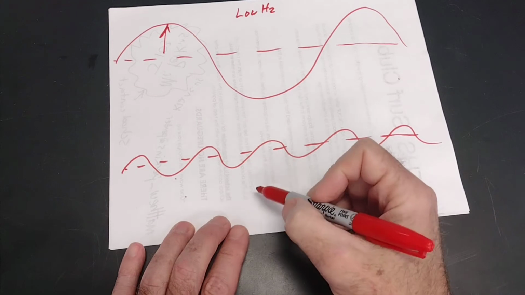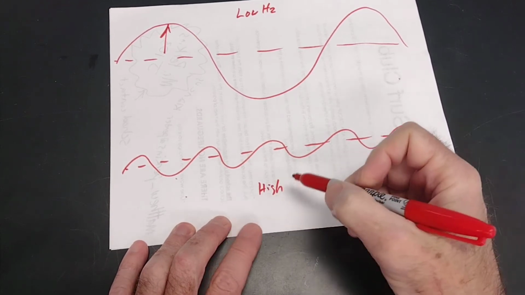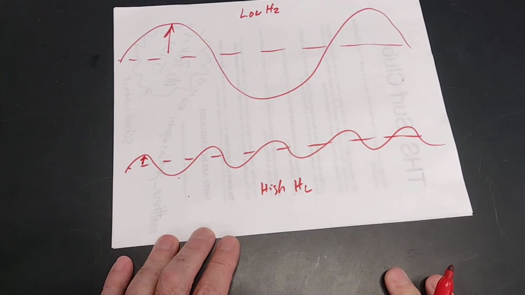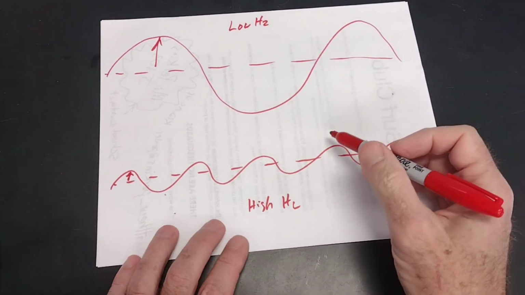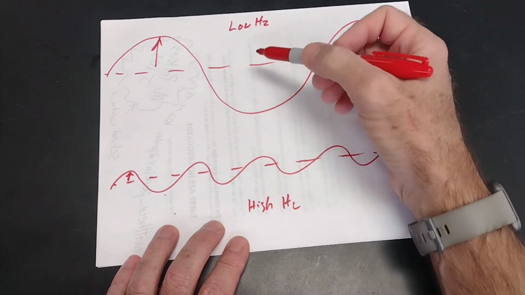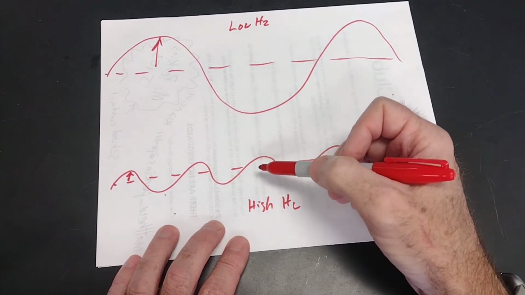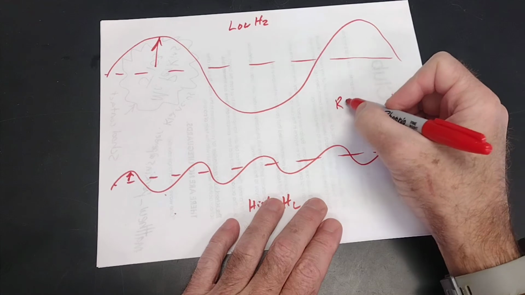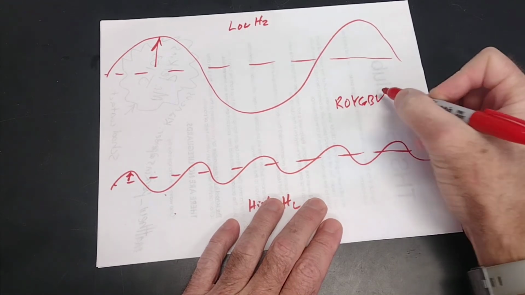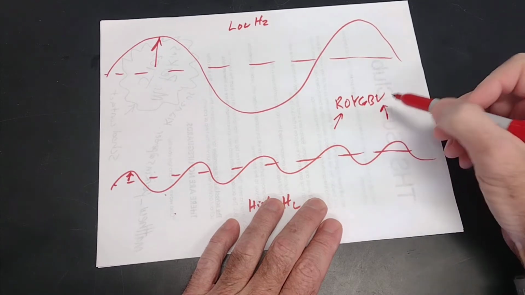This wave at the bottom would have a high frequency, but a low amplitude. If this was light, this might be red and this might be purple. Red waves are longer than purple waves, right? If we look at the color spectrum, red is the longest, violet's the shortest.